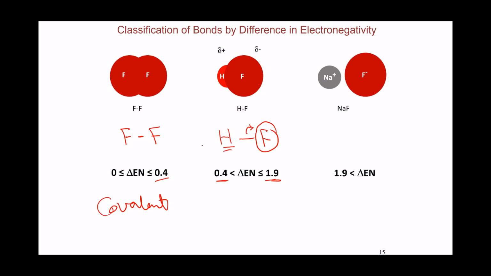So that will make the fluorine slightly more negative and will leave hydrogen slightly more positive, as we represent here with a delta negative or a delta positive charge on each end. That situation here is called a polar bond, right?